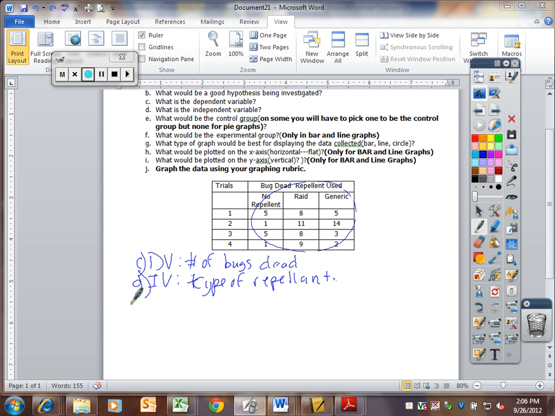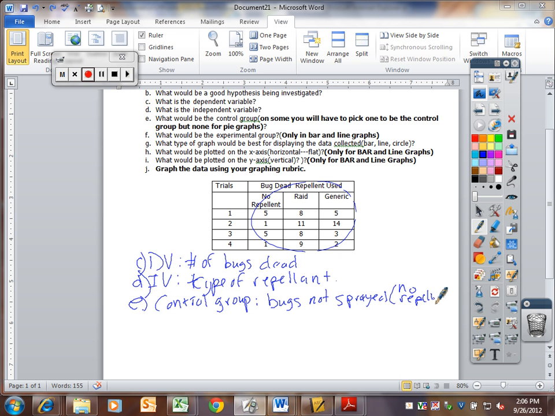Now in E, our control group is going to be what normally occurs, or what's not being changed, which in this case will be the bugs not sprayed, or the no repellent.